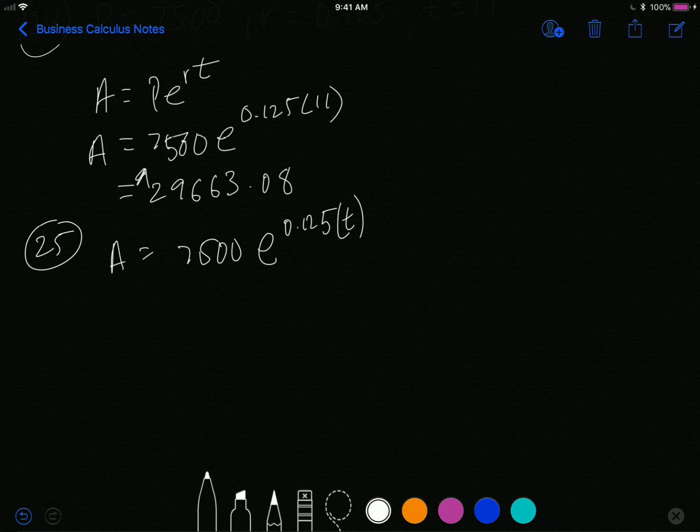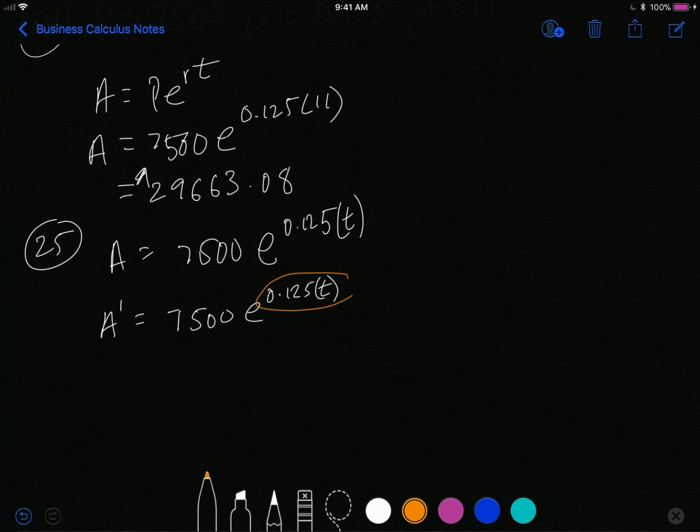The derivative of e to the x is e to the x, but I have to make a slight adjustment: 7,500 e to the 0.125t. Because of the complex function, it's not just e to the x, it's e to the number times x. When you have that happening, you have to multiply by the derivative of this term, which in this case is simply 0.125.